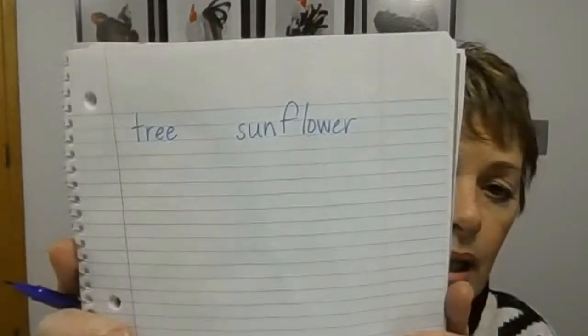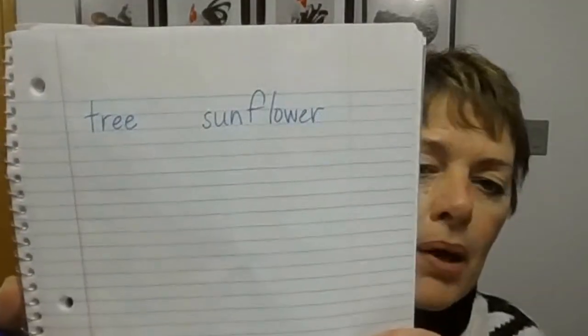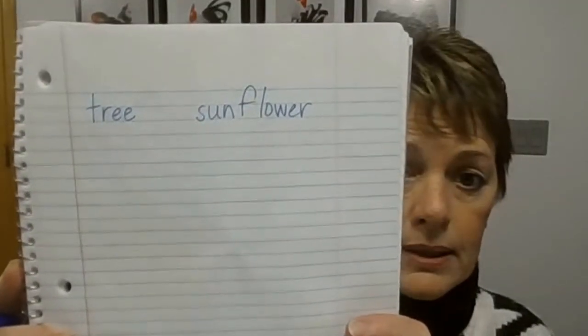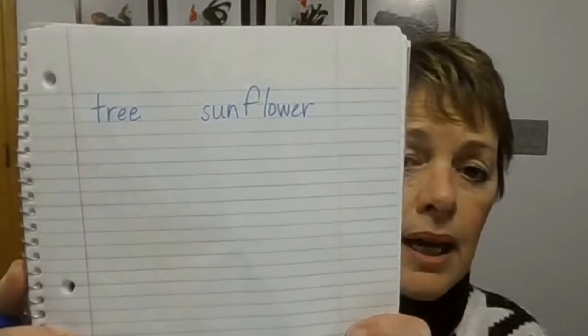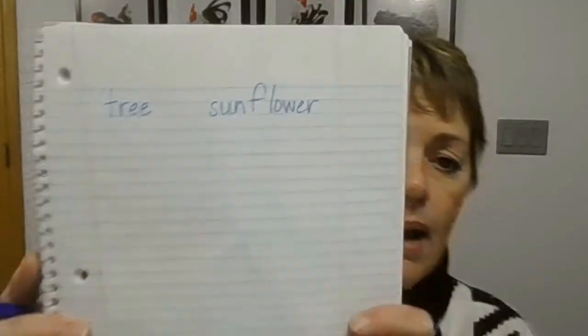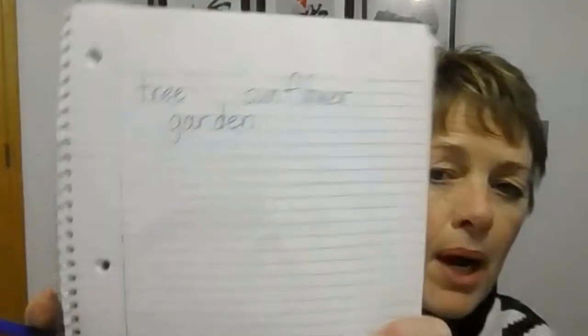Sunflower. Or how about just, I'll hold that up. How about just a whole garden? So we have a tree, a sunflower, and maybe just a whole garden. I'm going to write garden too. So those are three ideas that we can put in the what box.